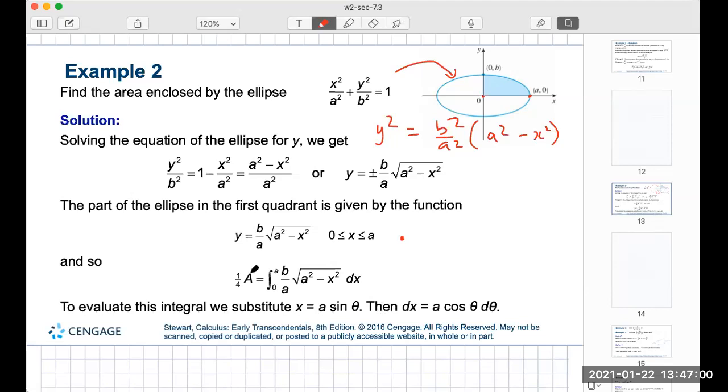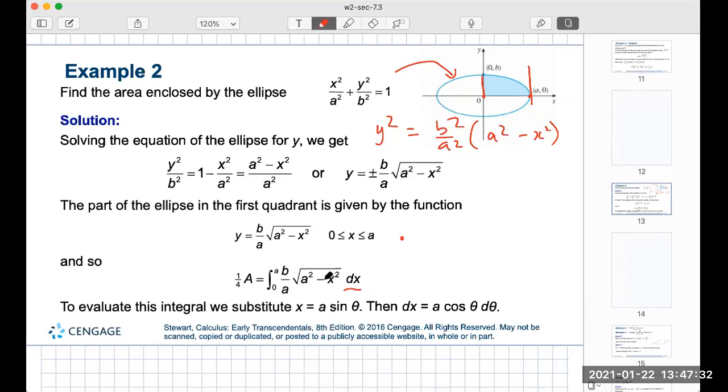So, therefore, this is a function y. The integral of this function from 0 to a, from here to here, will give us the area under the curve. That is the definition of integral, right? Take the integral with respect to dx.